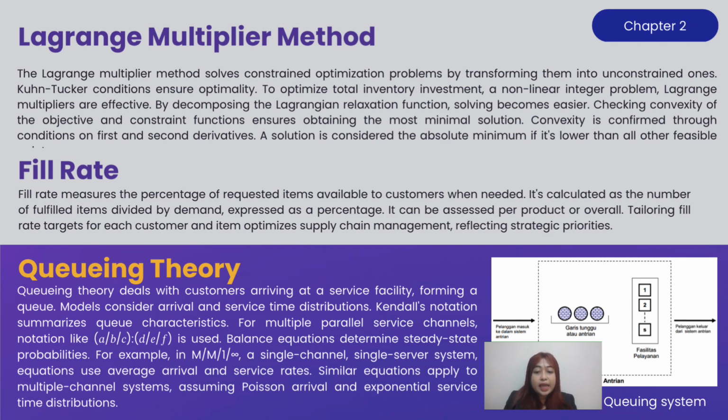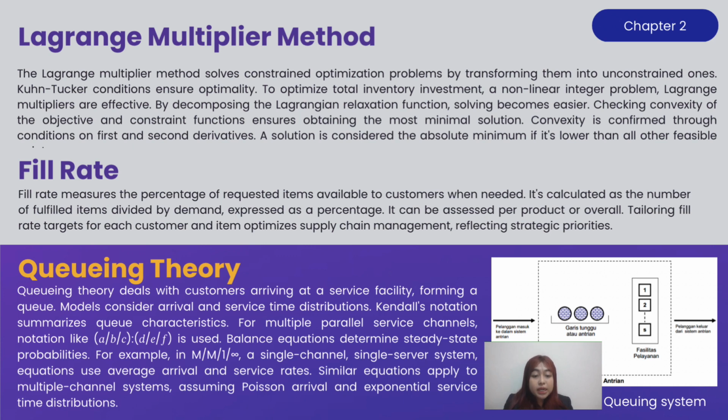And the next is queuing theory. Queuing theory deals with customers arriving at a service facility. Forming a queue model considers arrival and service time distributions. Kendall's notation summarizes queue characteristics. For multiple parallel service channels, notation like A/B/C/D/E/F is used.